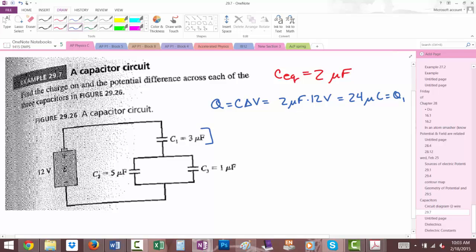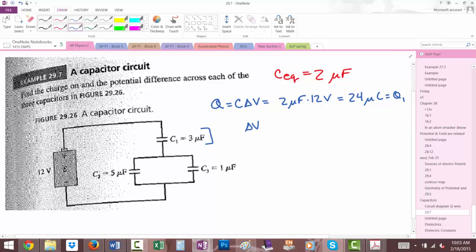Now that you know Q1, can you figure out what the voltage is across this one? Because you know the capacitance of this one is 3 microfarads, and you know the charge is 24, so what's the potential difference across this one? 8? Does that make sense? Yep.